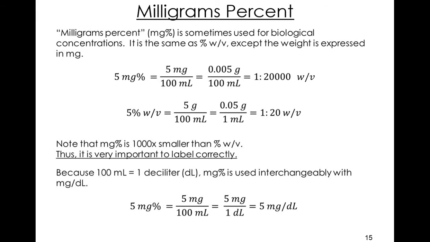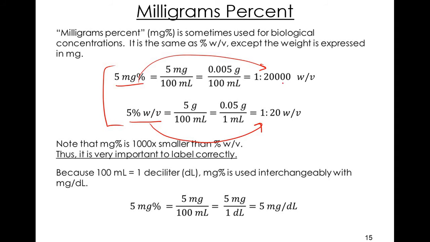The difference between a standard percent concentration and milligrams percent is illustrated on the slide, where 5 milligrams percent and 5% have both been converted to ratio strengths for direct comparison. So 5% becomes 1 to 20 ratio, and 5 milligrams percent becomes the ratio 1 to 20,000.